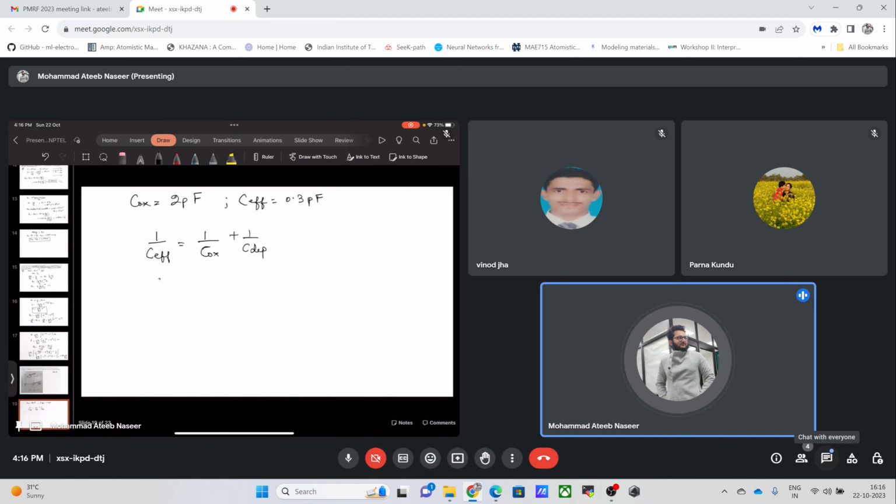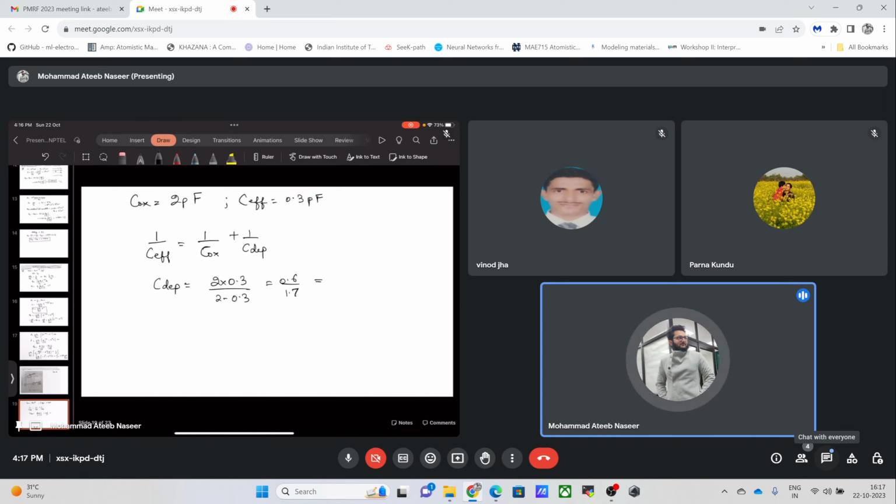So the C depletion will simply be given by 2 into 0.3 picofarad divided by 2 minus 0.3, which is 0.6 divided by 1.7, which is 0.35 picofarad.